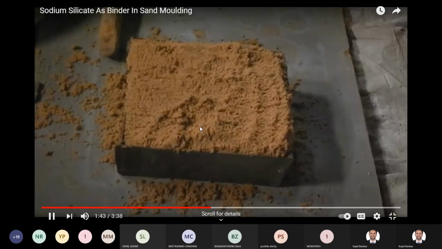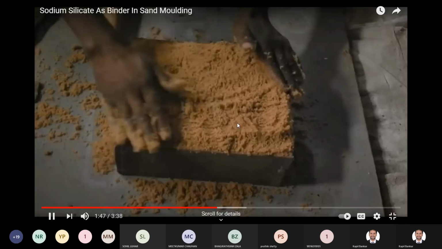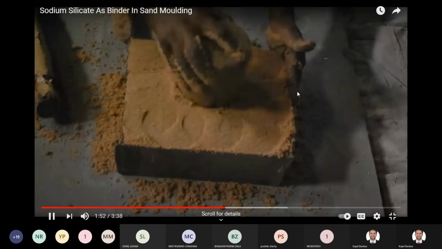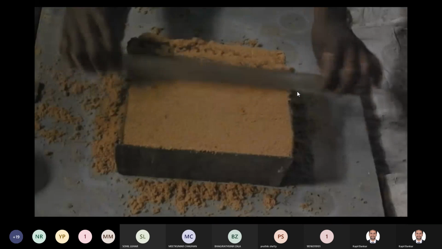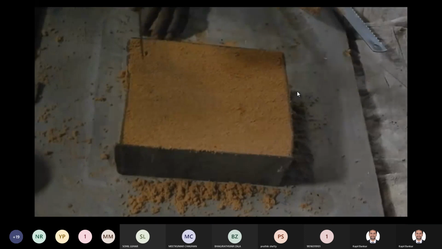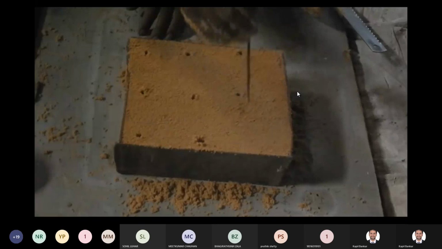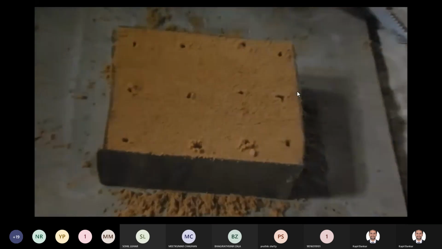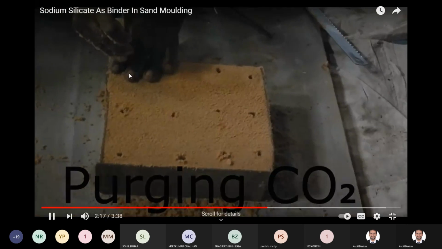By applying some pressure, remove the extra sand. This is the ramming pressure. You must apply some pressure, and this is the removal of extra sand, if any. Now create a number of holes on the surface of the mold, and with the help of these holes, you insert or pour the CO2.